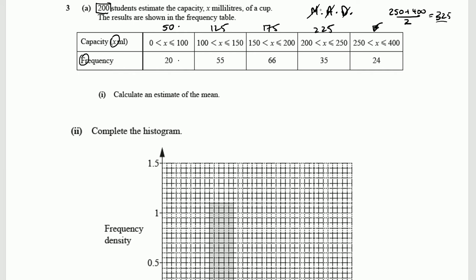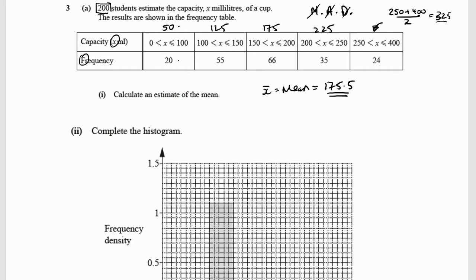If we do all of that, we get a mean of 175.5. Now it's an estimate of the mean because it's a grouped frequency table and we are guessing that 50 and 125 and so on are representative of those values. That's why it's an estimate.